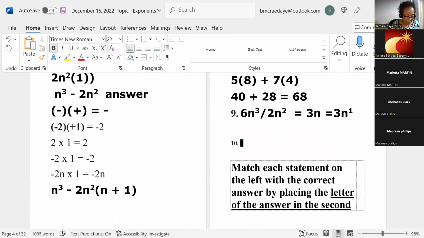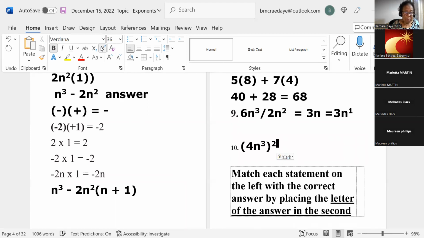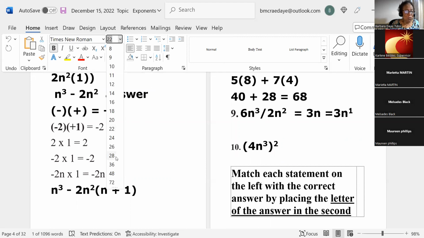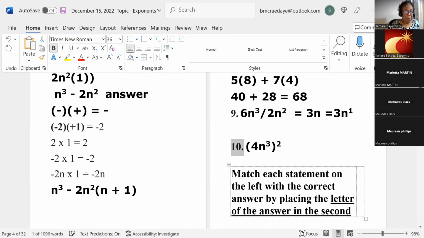Now, Maureen, I want you to do number 10. A power to a power, right? That means everything in parentheses, you apply that power of 2 to it. So, Maureen, let's start with the coefficient, the 4.